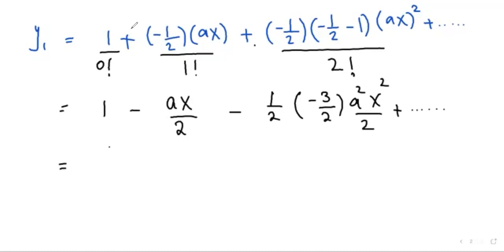So we reach this position where we can write minus minus plus, it would be 3a square x square over 8. So now this is our y1.